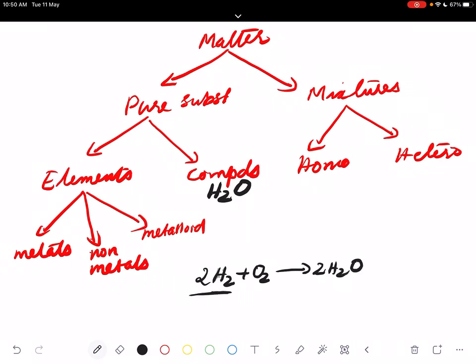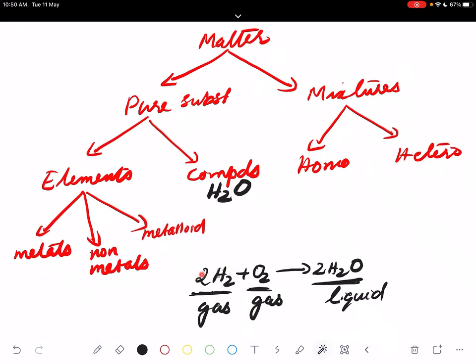Hydrogen is a gas at room temperature, oxygen is a gas at room temperature, but water is a liquid at room temperature. See, this water has entirely different properties as compared to hydrogen and oxygen.